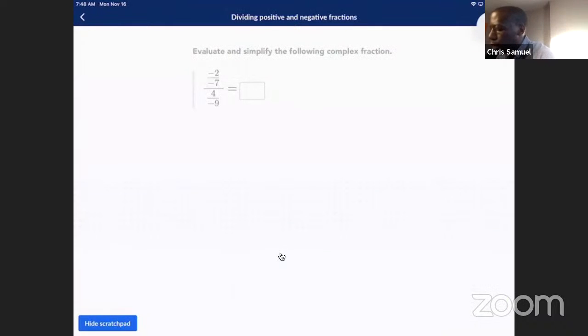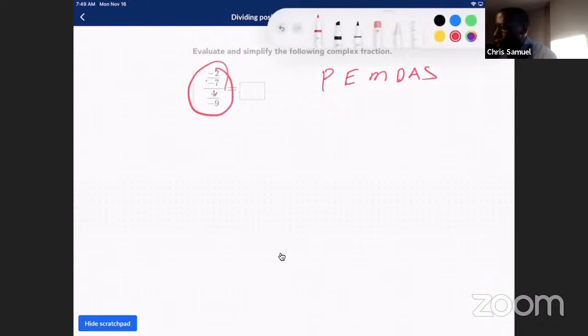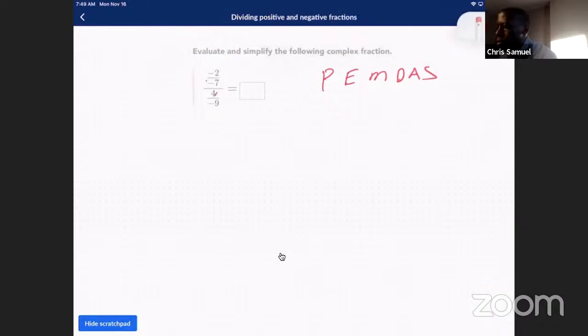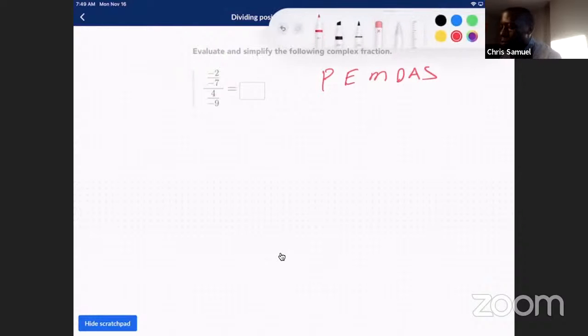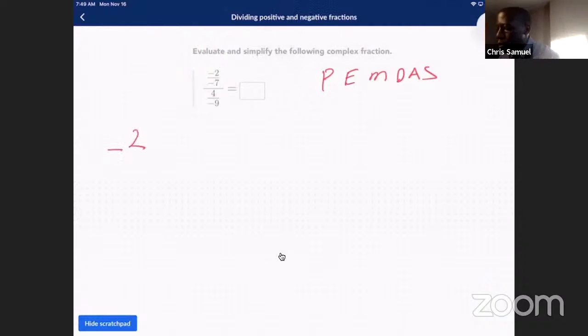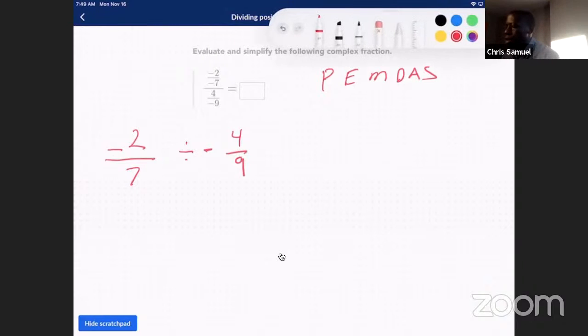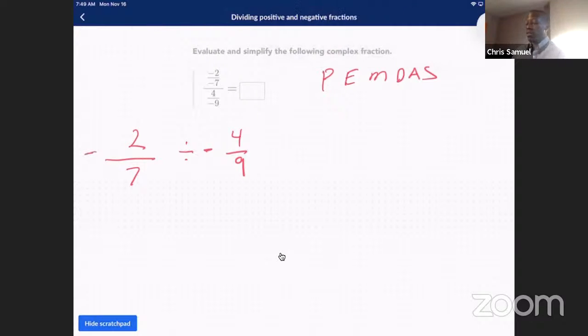Okay. So now we go ahead and bring this up. This looks exactly like what we did before, it's just written differently. So let's write it the way that we remember how it's written. So we're going to do negative 7 like this, divided by, now, I don't know why they do that.